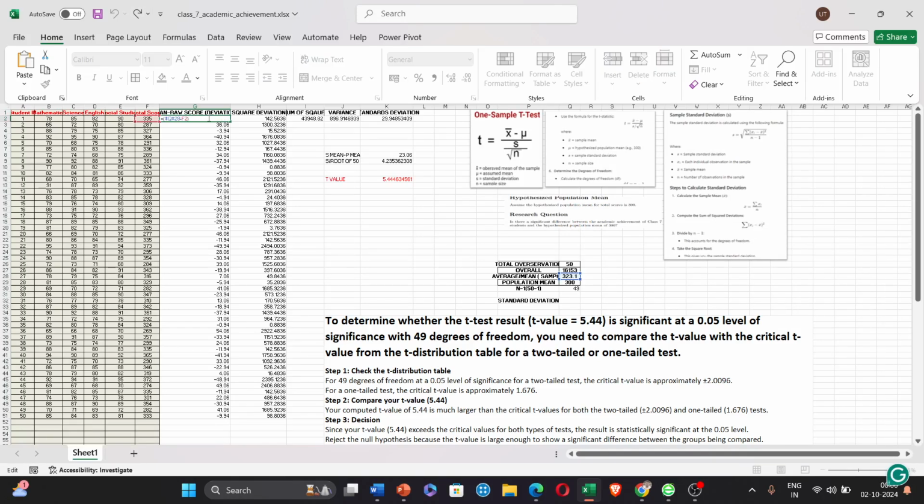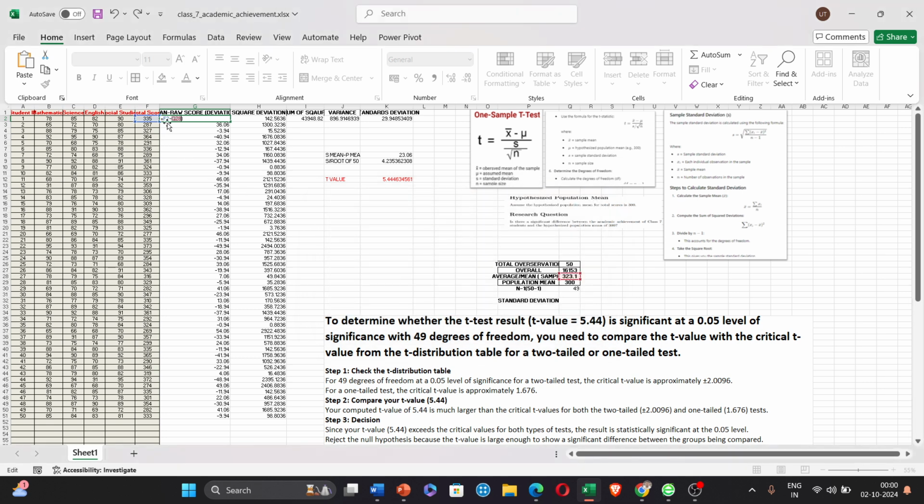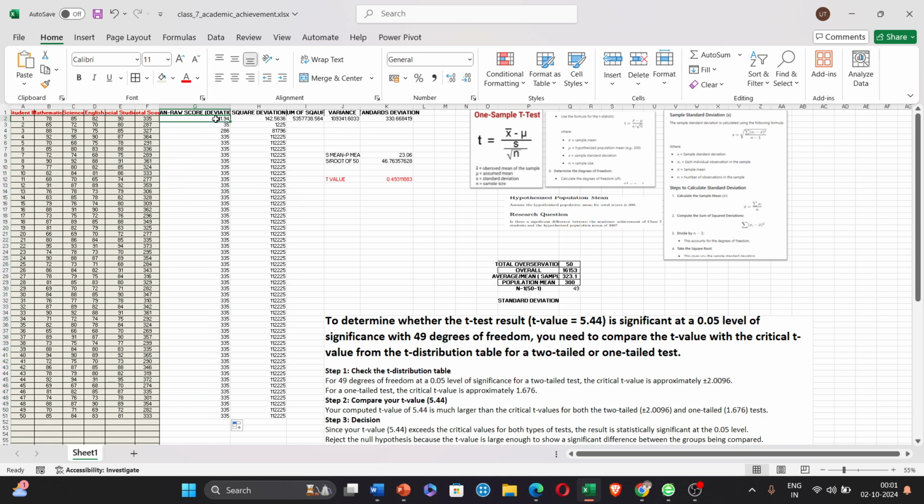So here let us see. I have to put a bracket, equal to raw score minus mean, and close the bracket.